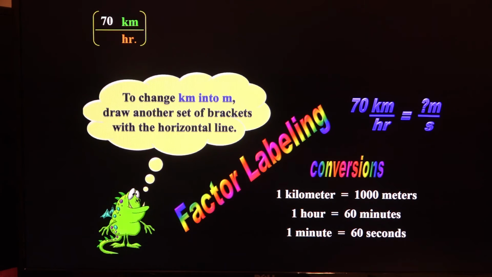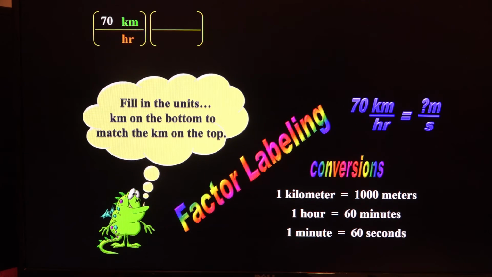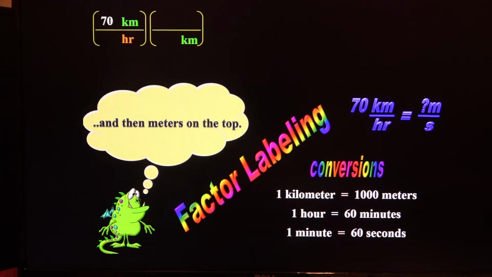To change kilometers into meters, draw another set of brackets with a horizontal line. Fill in the units, kilometers on the bottom to match the kilometers on the top, and then meters on the top.